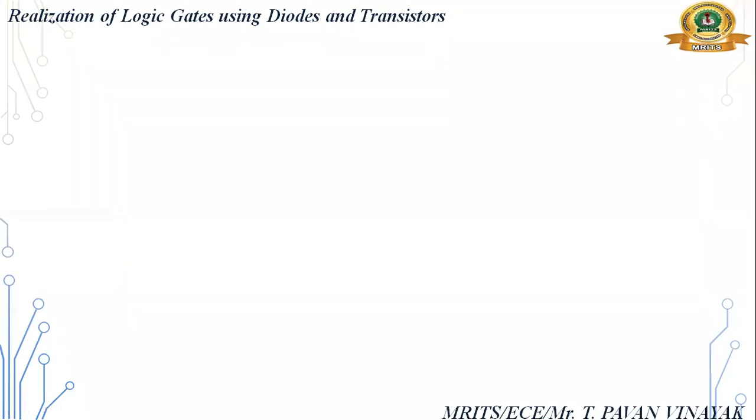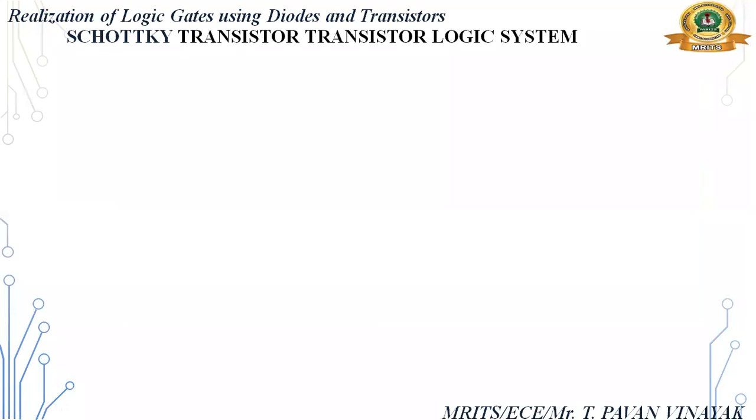Next one, Schottky TTL. So what is Schottky TTL? It is a combination of a transistor, this is the NPN transistor, and to this transistor we add a Schottky diode. By combining these two, we draw it like this, with base, collector and emitter, and we put dashes like this.